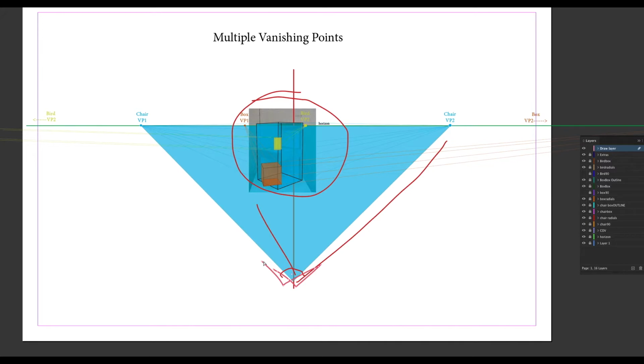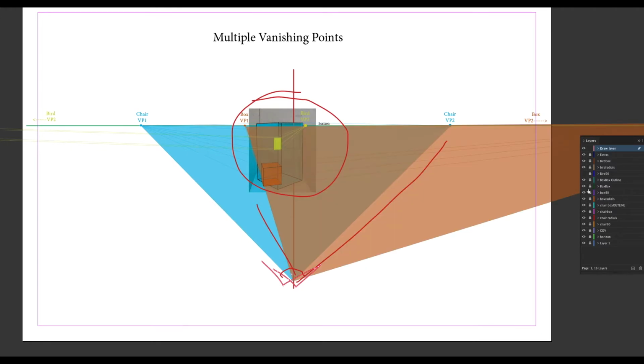What happens now, let's take a look at the orange box here. Now that one viewpoint is closer to the center of vision, this whole 90-degree angle simply sort of pivots over this way.